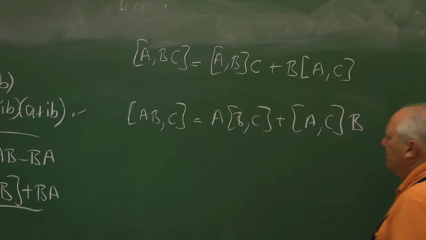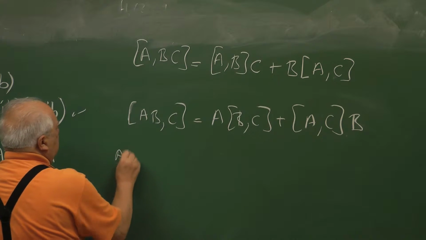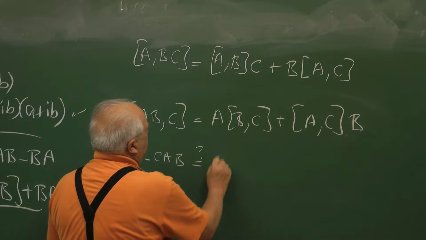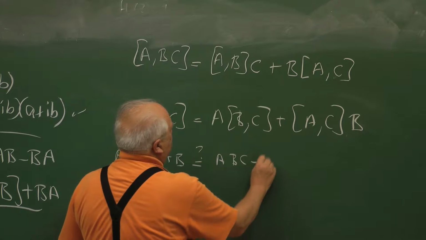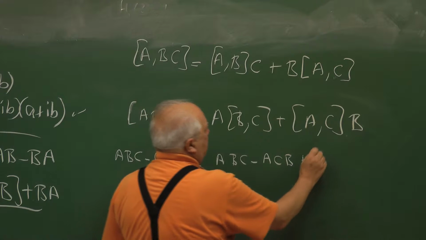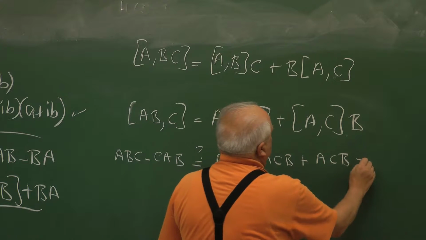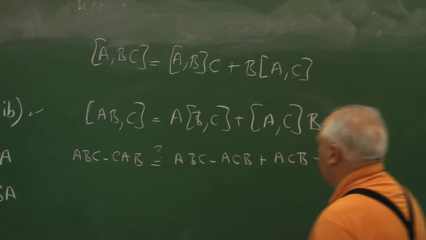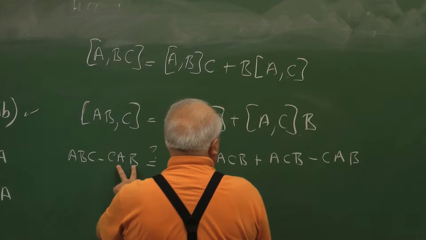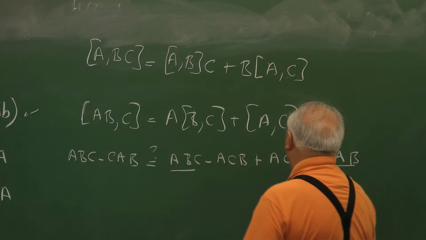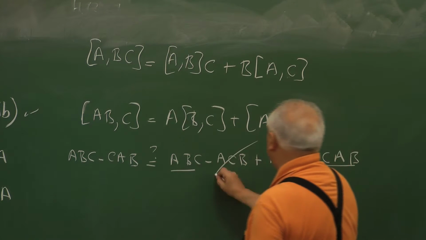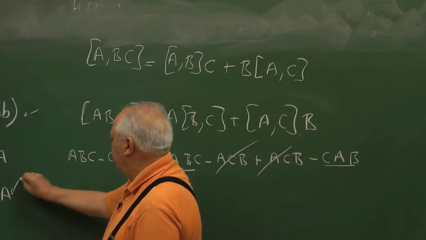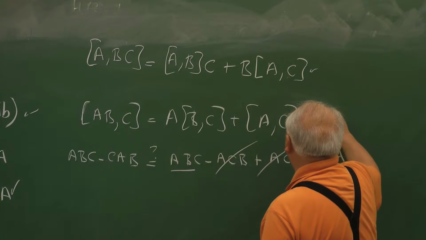This is ABC minus CAB. Is this equal to that? This is ABC minus ACB, plus ACB minus CAB. So we have ABC here, that's right. CAB here, it is here, minus. And minus ACB plus ACB, they cancel. Similarly for this one. So we shall use this one a lot and these a lot.